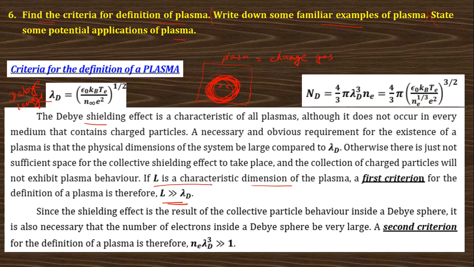So the dimension of the container in which we want to find the plasma must be very much greater than the Debye length. Number two says the density of the electron multiplied by lambda cubed must be very much greater than 1. This is the second criterion for forming a plasma.